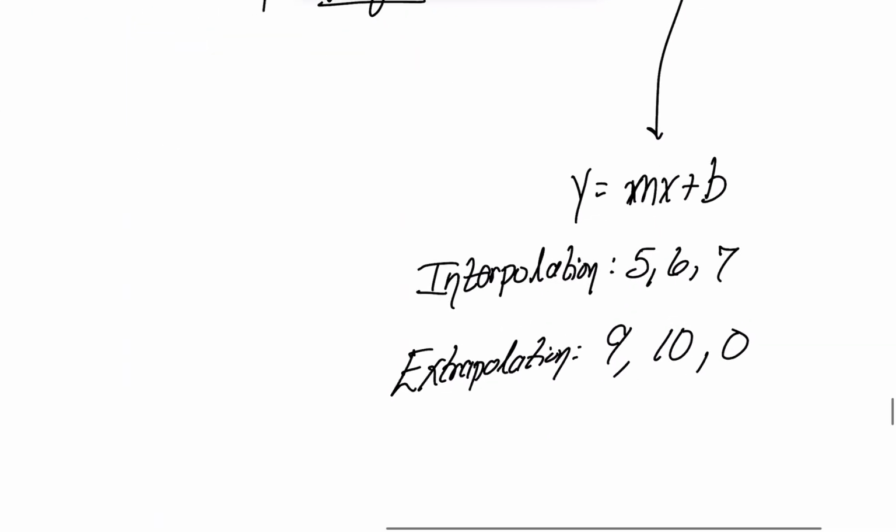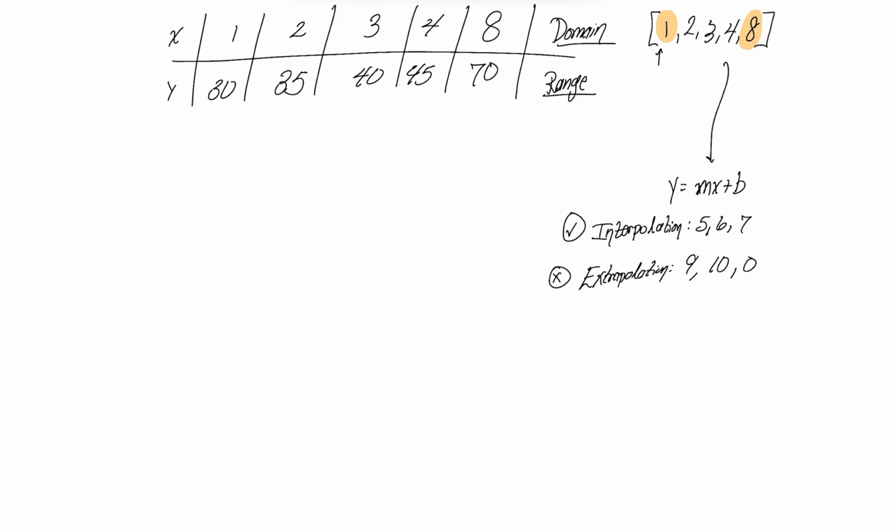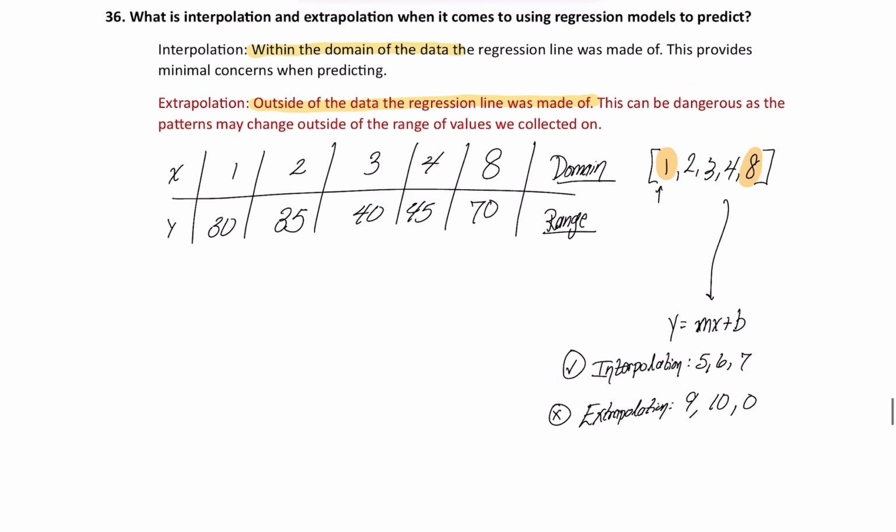Okay, and these are the ones that are dangerous because they're not included in our initial data set range, and interpolation is okay. So really, there's the caveat related to extrapolation here.